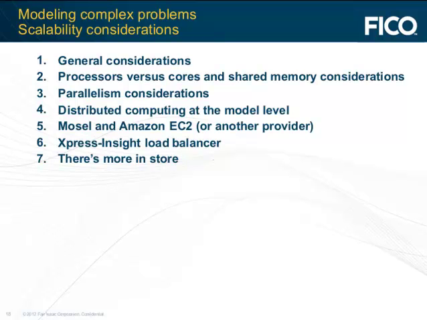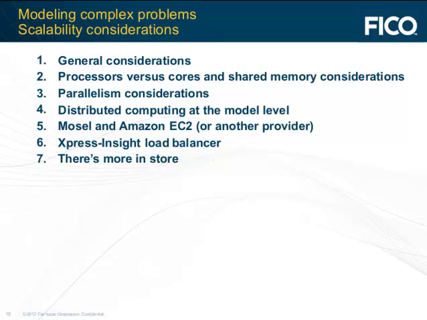So you are getting diminishing returns, but you can go with Express to 80 cores and beyond. I already talked about distributed computing, the 4th point here. So if you can do it at the model level, that would of course help, because then you can decompose your problem potentially across dozens of different machines as needed.